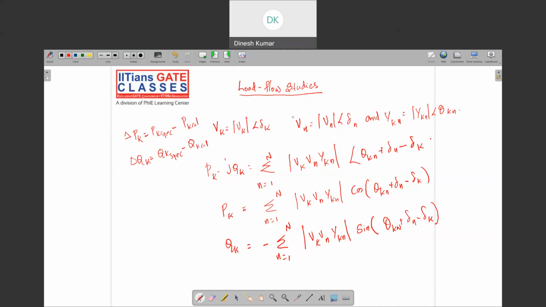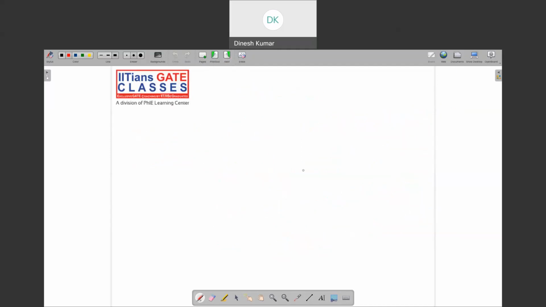Now we can write these equations, P and Q. What are the variables? V and delta. So these are the two functions I have written there. Now we can write it in the Newton-Raphson form. That is delta P2, delta P3, delta Q2, delta Q3.